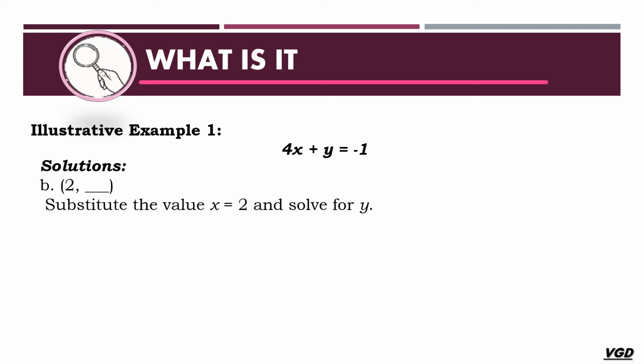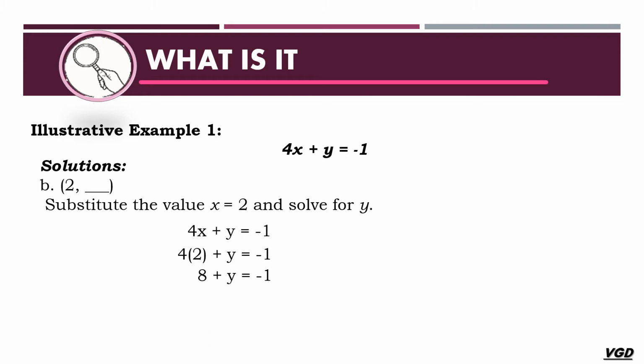Now let's have B, 2, blank. So we need to find the value of y. So to find the value of y, we need to substitute the value x is equal to 2 and solve for y. So we have 4x plus y is equal to negative 1 and substitute the value of x. So we will have 4 times 2 plus y is equal to negative 1.